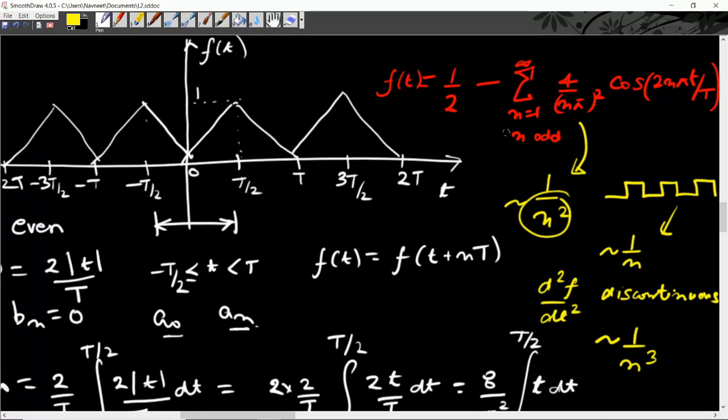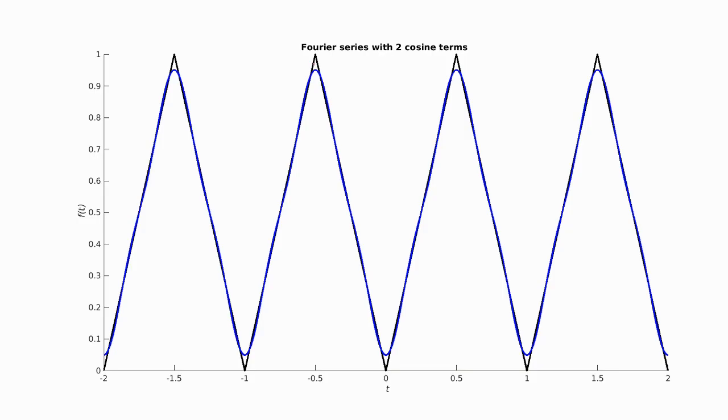So let's see how well this Fourier series can represent this triangular wave. Here in black we have my original triangular wave, which is continuous, but its first derivative is discontinuous at these points where you have this sharp edge. Even if I take two non-zero cosine terms in my Fourier series, we have a pretty good representation of this triangular wave.